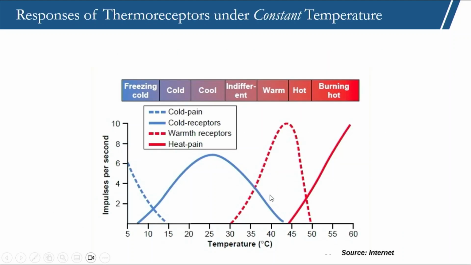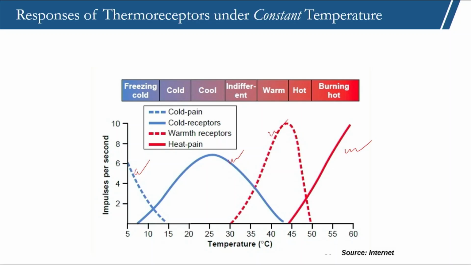This representation shows the normal cold, the cold receptor and the warm receptor, and this is the cold pain receptor and this is the heat pain receptor.